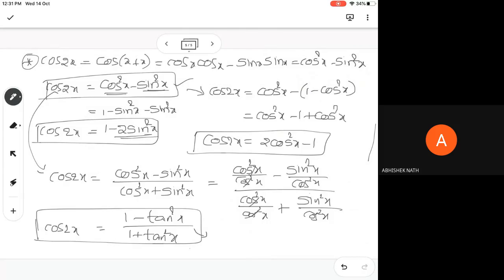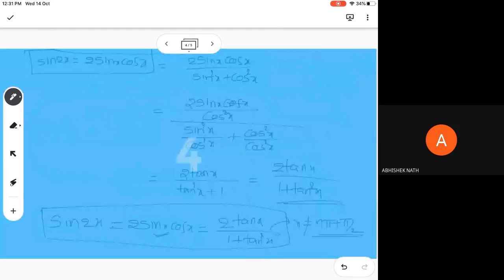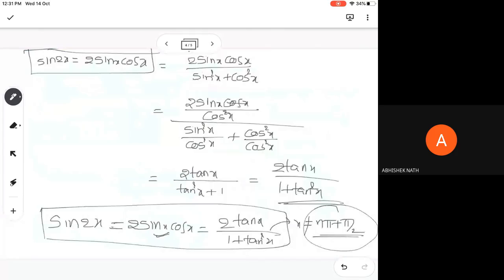There tan is undefined. So that means odd number times pi by 2. You can write it as n pi plus pi by 2, or you can write it as 2n plus 1 pi by 2 also. Both are the same only. Don't get confused with that.